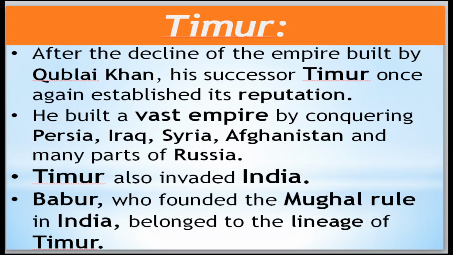Persia means today's Iran, Iraq, Syria, Afghanistan, and many parts of Russia also. Timur also attacked India, and Babur afterwards founded the Mughal rule in India. Babur belonged to Timur's lineage, that is, Timur's family only.